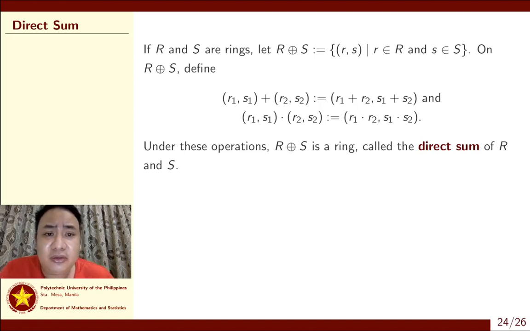Paano ginagawa yung direct sum? Kukunin mo lahat ng mga ordered pairs (r, s) so that r is in R and s is in S. Take note that R and S possibly have different additions and multiplications. Okay?